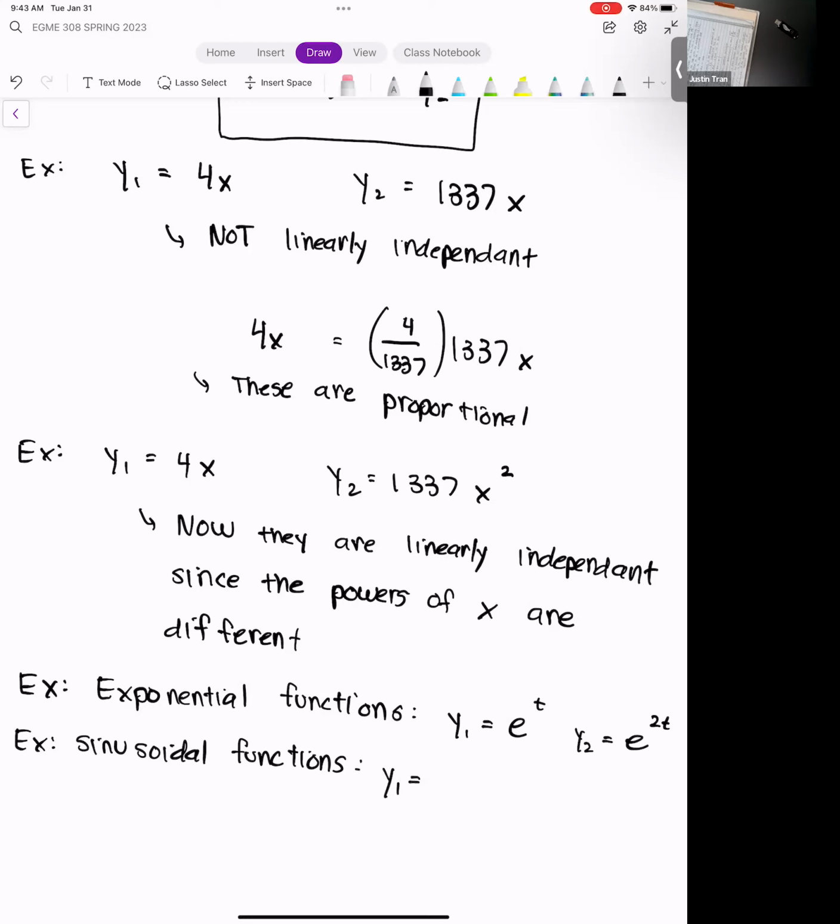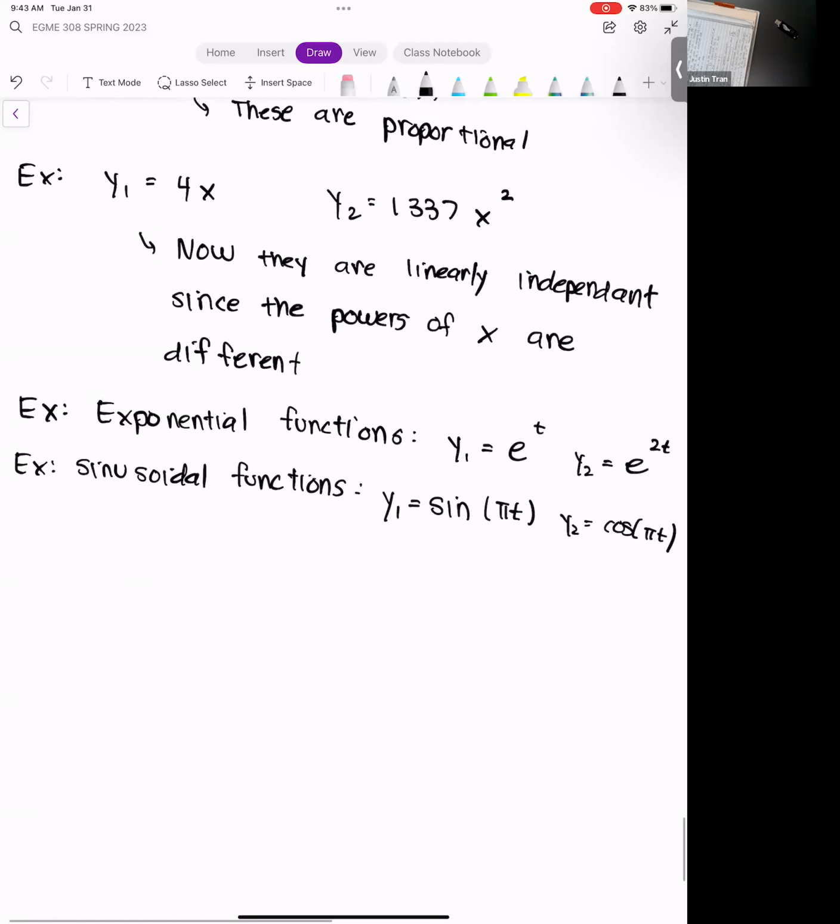Another one you'll see quite a lot in this course is sinusoidal functions. Sine and cosine, by definition, are linearly independent from each other. There's no way you can multiply a sine by some constant and obtain a cosine.